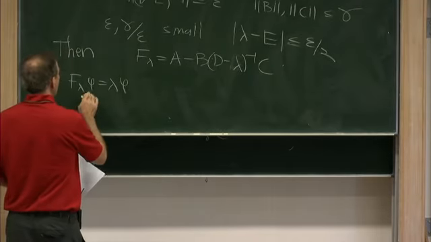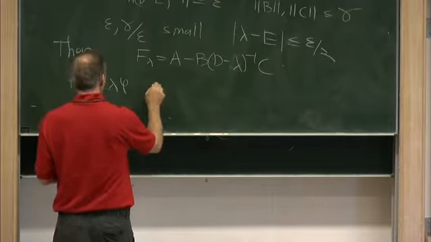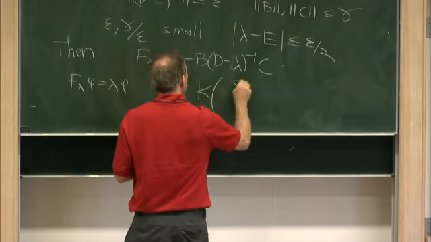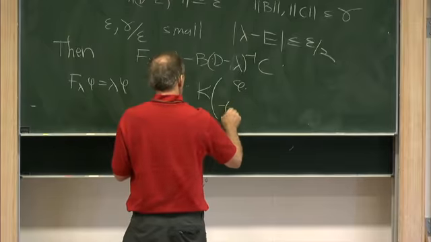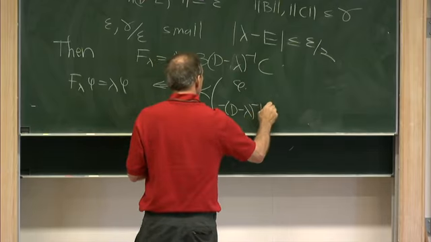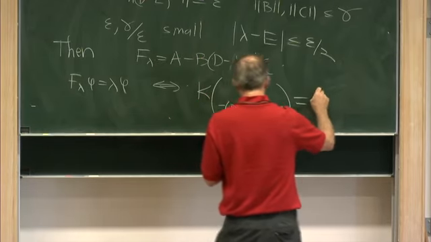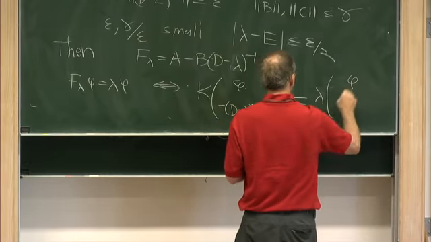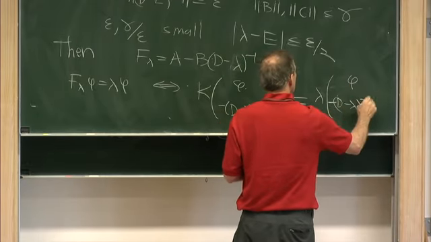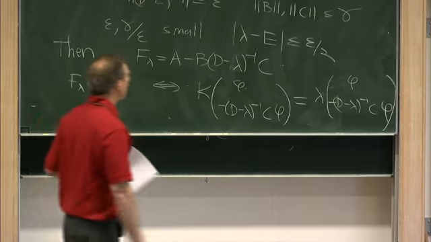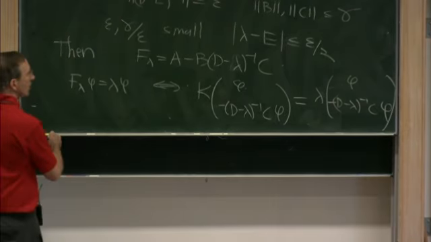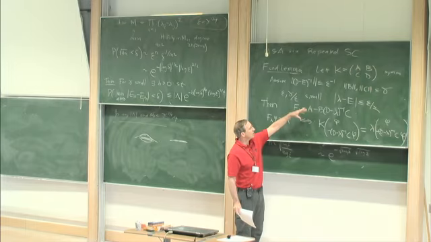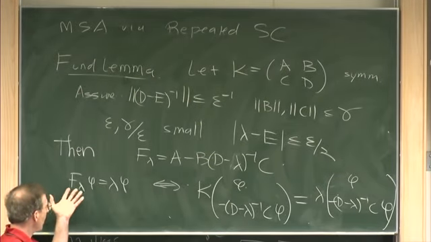Then, if you have an eigenvector for f lambda with eigenvalue lambda, then K on this thing in block form produces an eigenvalue of the original matrix K. So in some sense, when you reduce the Hilbert space to the upper left block, you have an effective Hamiltonian.